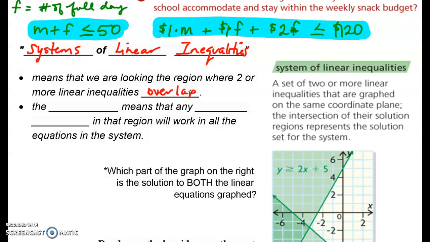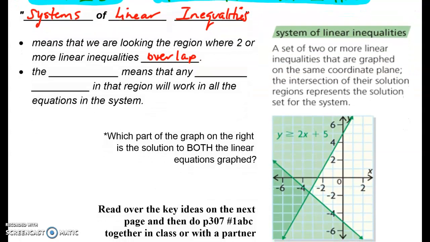So you can imagine shading the solution region for one inequality, and then shading the solution region for the second inequality, and where those solution regions overlap is going to be our answer that satisfies both inequalities.